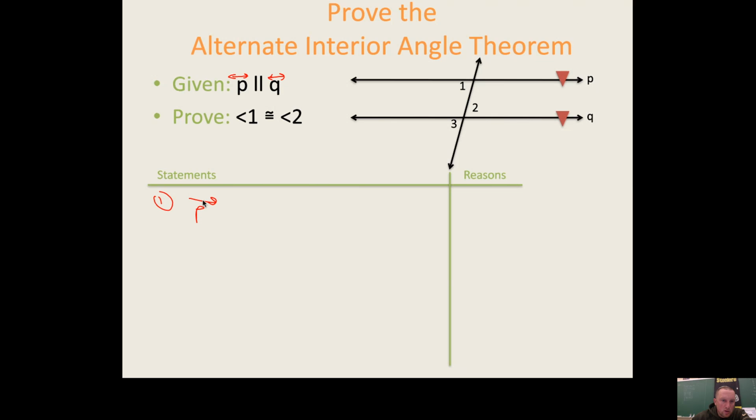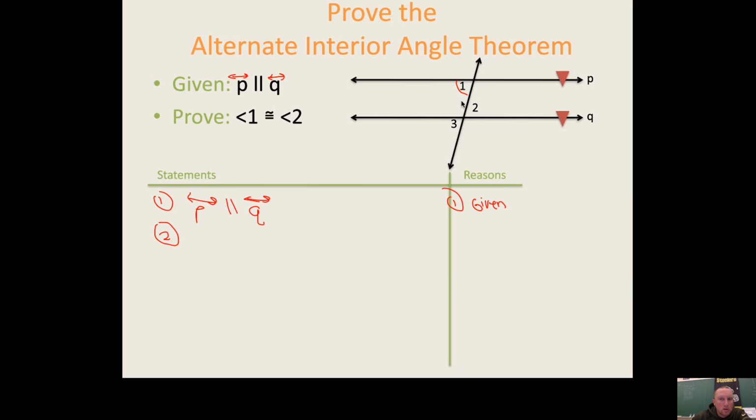So you need to use line P parallel to line Q. That's your given. Now, if you have parallel lines, what does that do? That creates congruent angles in certain spots, like these spots right here.